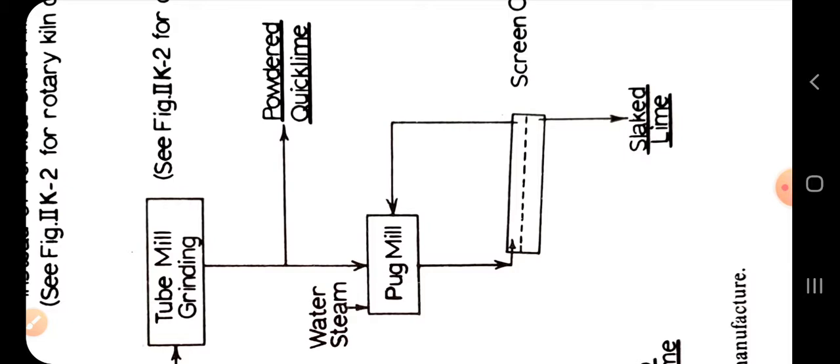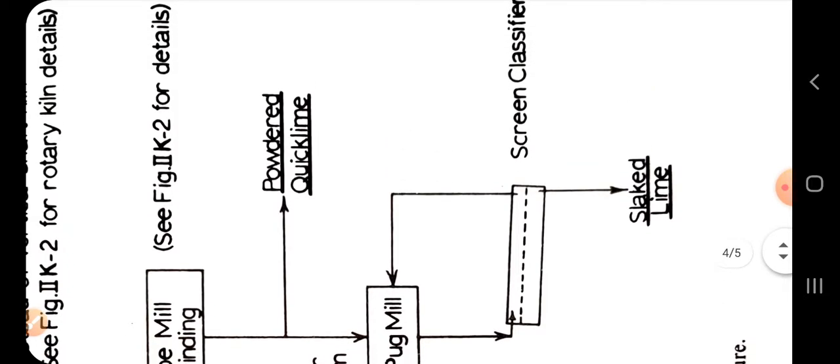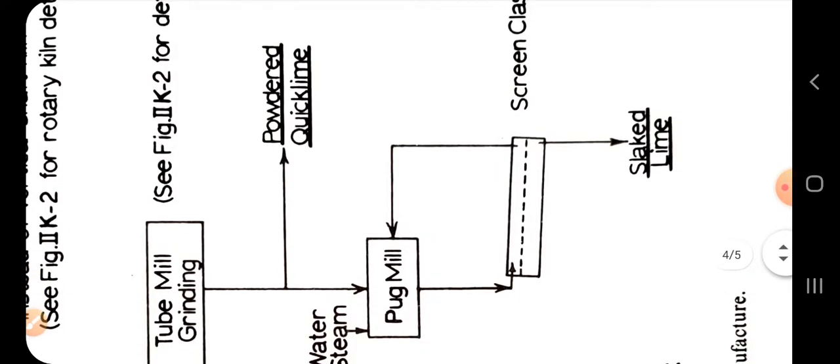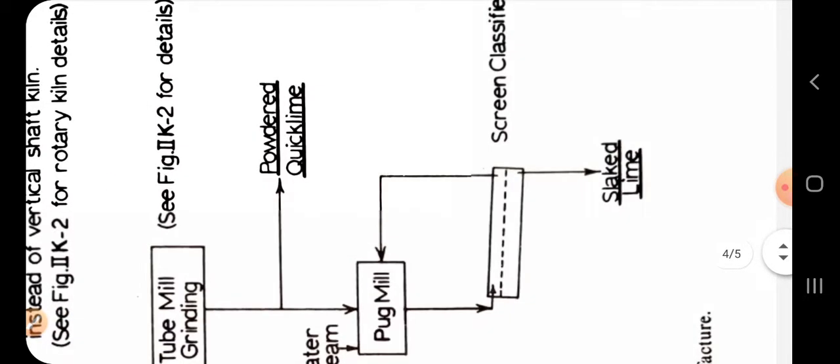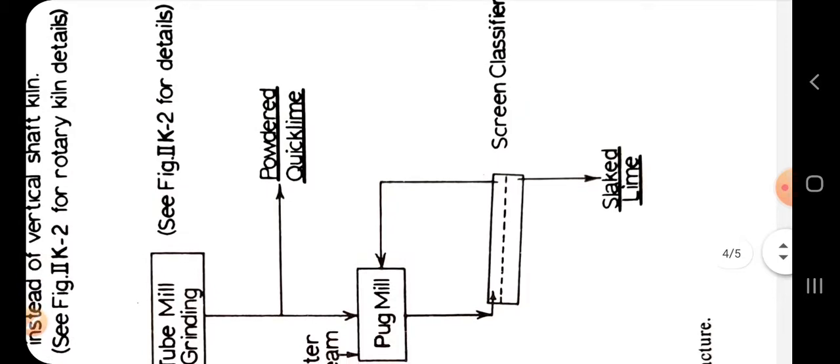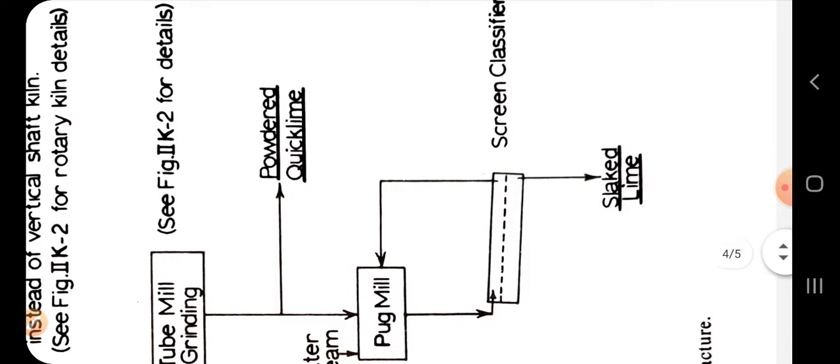Even after that, if slaked lime or hydrated lime is our desired product, then it is forwarded into the pug mill, and steam is added, and a screen classifier of a specific mesh size is used, and slaked lime is obtained.